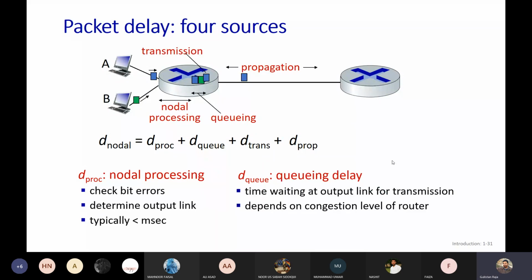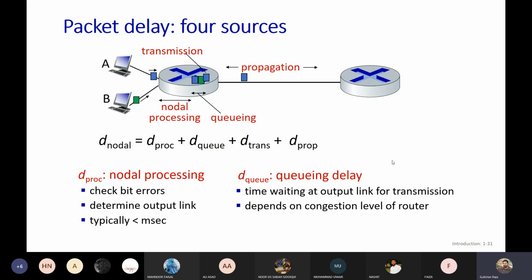Then comes queuing delay. This is the time waiting for an output link for transmission. In the last slide we said that a queue can occur in the buffer of a router if the arrival rate is greater than the transmission rate. So there is a waiting period for the output link, and it depends upon the congestion level.